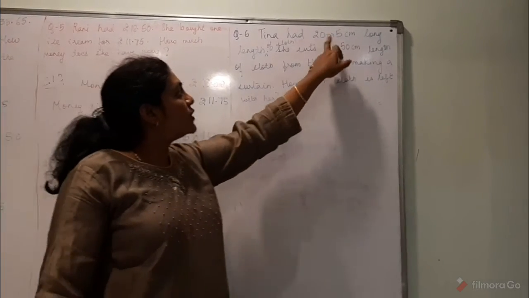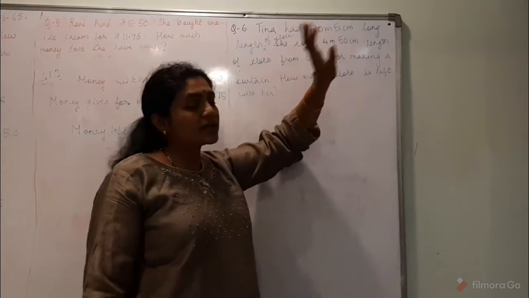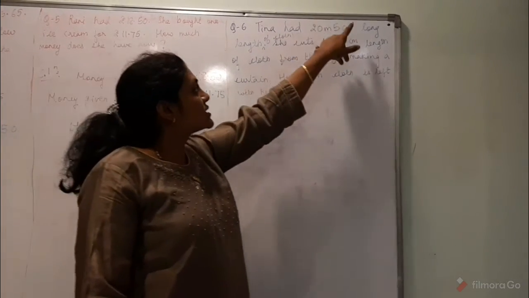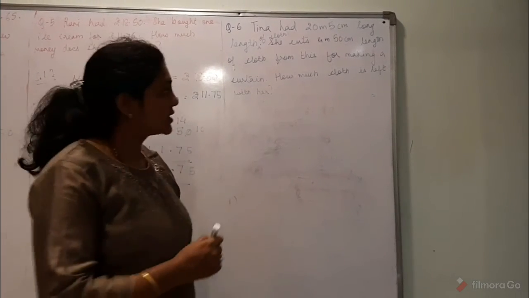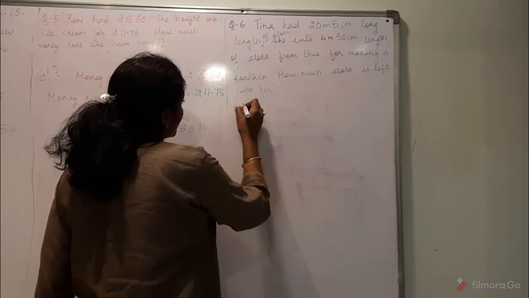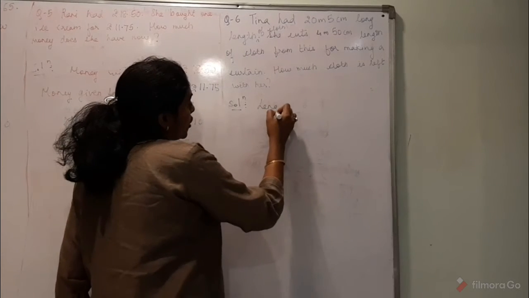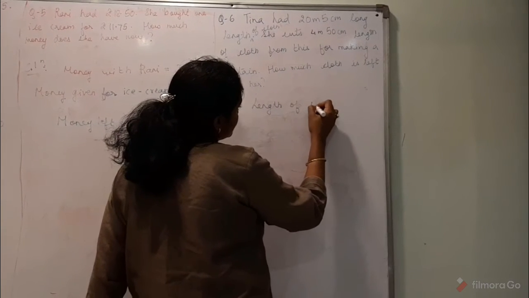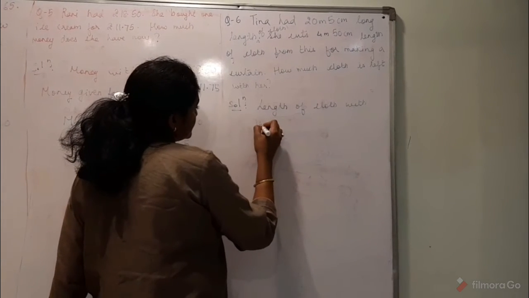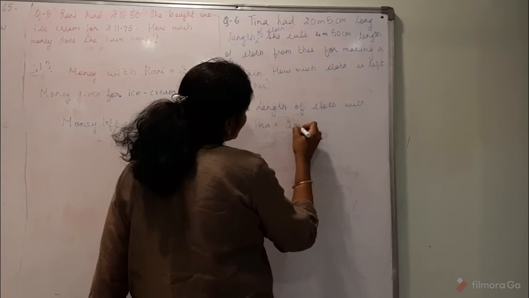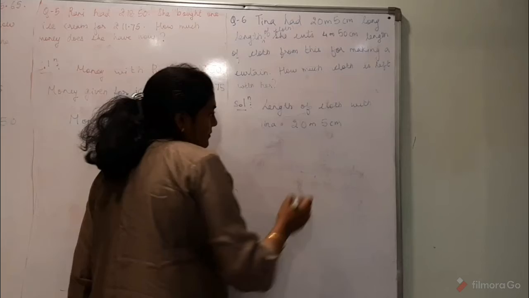But one is meter, another is centimeter. So what you will do, which one is bigger? Meter is bigger. So centimeter you have to convert into meter, right? So here you have to write length of cloth with Tina is equal to 20 meter 5 centimeter.